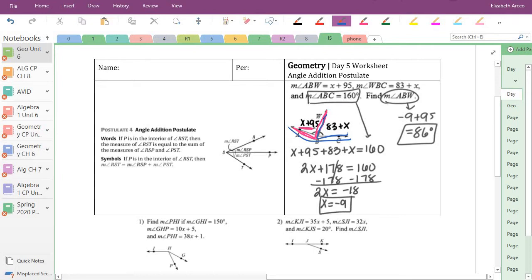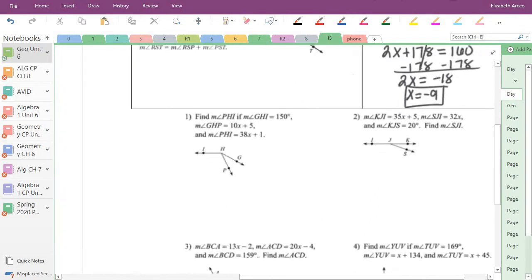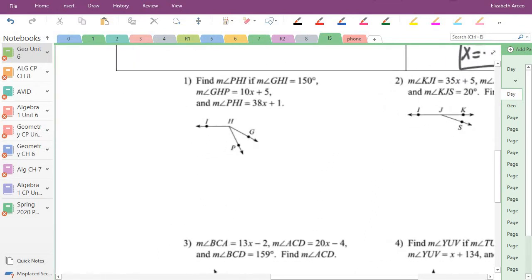Okay, so keeping that in mind, they give you two pieces. We can add those two pieces, and that's going to give us the whole angle. So piece 1 plus piece 2 gives you the whole thing. So you set up the equation and then you solve. So you can see that there. But I'm going to choose to do the first example from the packet.